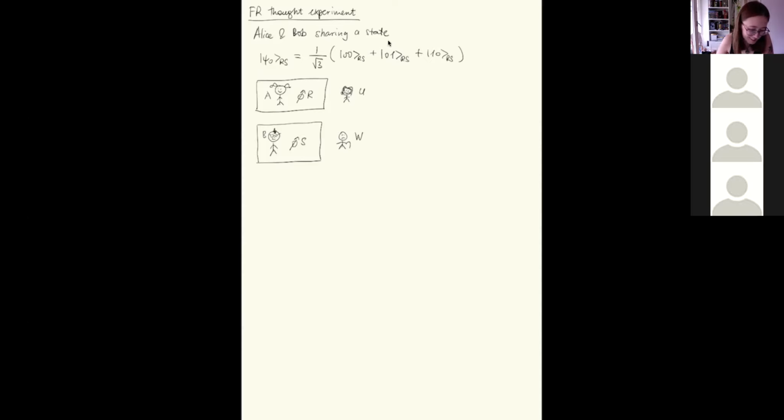But in any case, the crucial point of this experiment is that Alice and Bob, who measure the systems R and S, are also modeled as physical systems. And coming from the consideration of our physical measurement that we were just having earlier today, this makes perfect sense, because after the measurement of system R, we need to store the outcome somewhere.